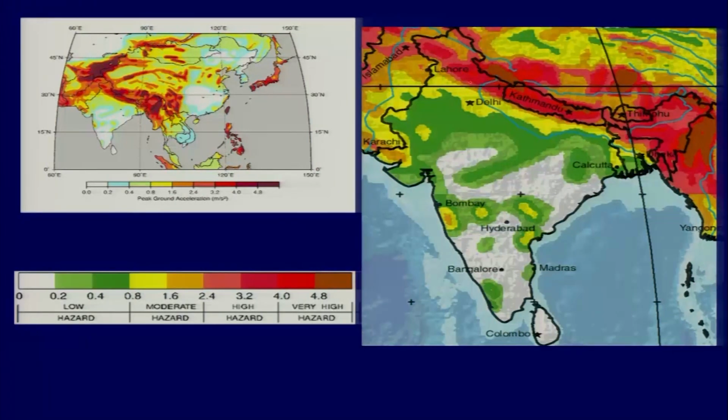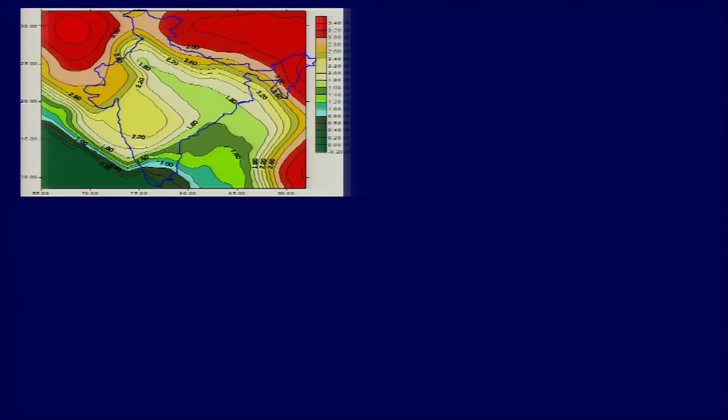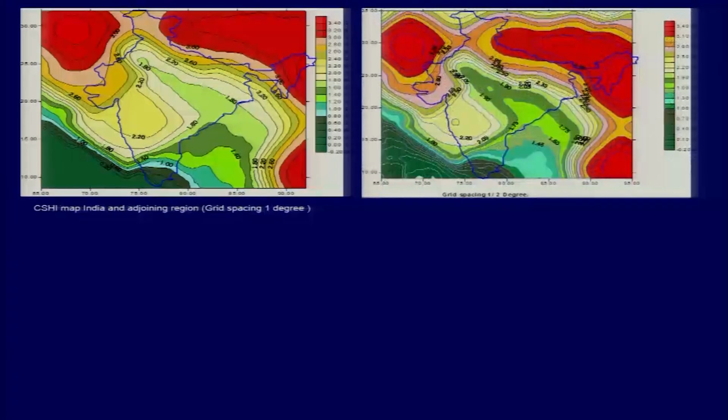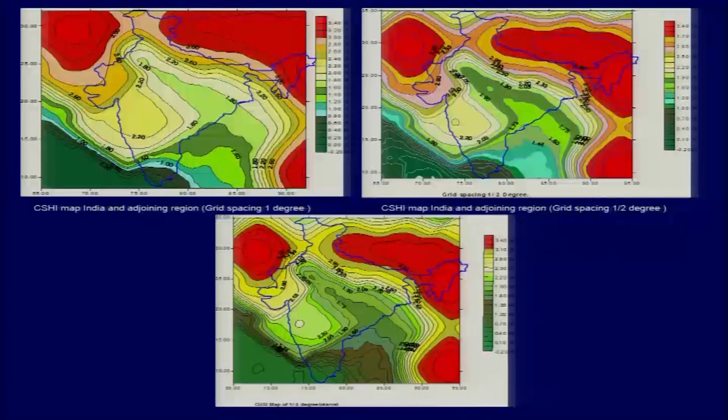Most of the cities will be close to the Himalaya, in this region as well as in this region, but many cities will be here because they are sitting on very loose sediments. This was one of the exercises which we did, but I would not say that this is a particularly complete one, because with whatever data was available, we did this exercise to understand which areas will have more ground acceleration.